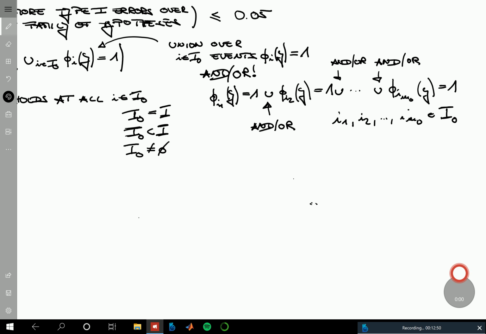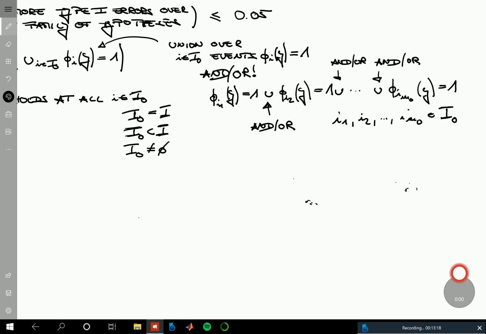So if you only read this with OR statements, then you're talking about the event that the test comes out 1 at the first true null hypothesis, or at the second, or at the third, or at the fourth, and so on. And that means that if it's this OR reading, it comes out at least at 1. So it must be at 1, so either at the first or the second or the third.